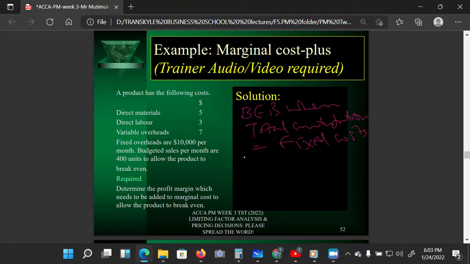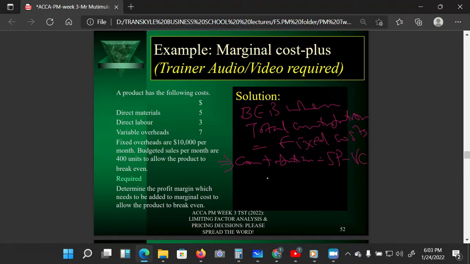And when we talk of contribution, I'm sure you know that contribution is equal to selling price minus marginal cost, or minus variable cost. So when we have the selling price and we deduct variable costs, we arrive at contribution.